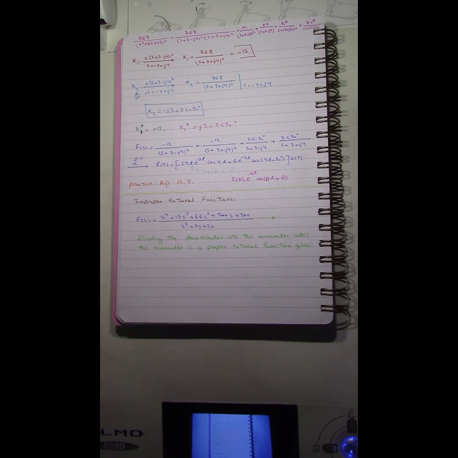Yes, that's right. Thank you. So we call it proper. So again, proper, we divide it into 4 types. The first one was real distinct. Second one was complex distinct. Third one was real repeated, and the last one complex repeated. So any questions?